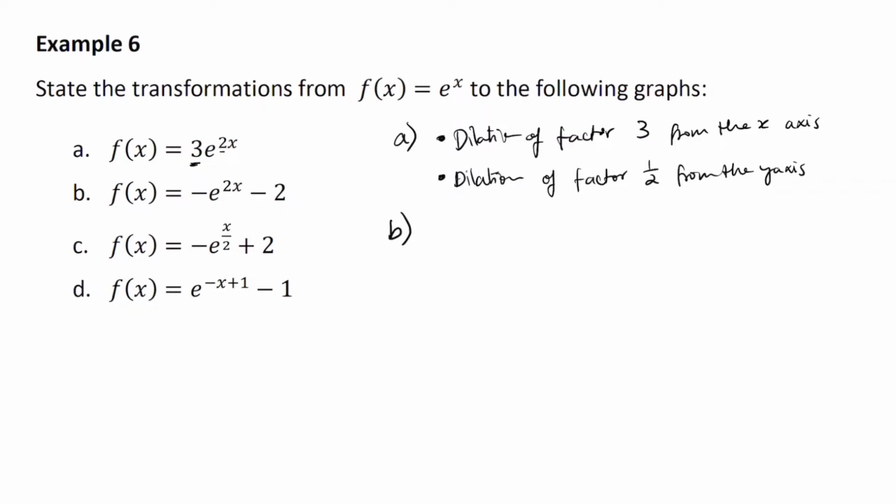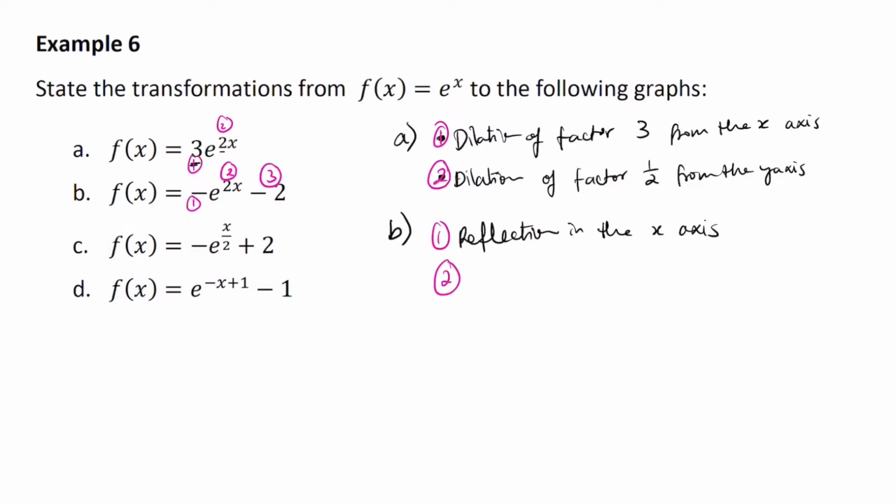For part B, we've got a few different ones that have happened. I might start numbering them just to make life a bit easier. Let's call this 1, 2, and 3. Firstly, we're going to have a reflection in the x-axis because it's going to flip all the y values.